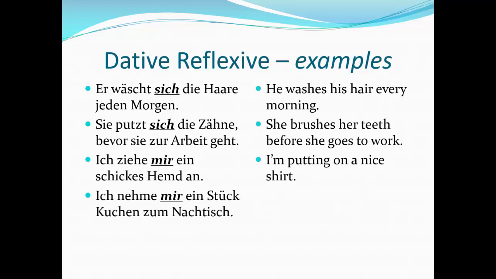Okay, here's another one. Ich nehme mir ein Stück Kuchen zum Nachtisch. Okay, so even when it's not necessarily an action to your hands or your teeth, right? If I'm getting myself, right? As soon as we say myself there, and if it's something where you're getting yourself a direct object, such as this, ein Stück Kuchen, then you would use the dative.